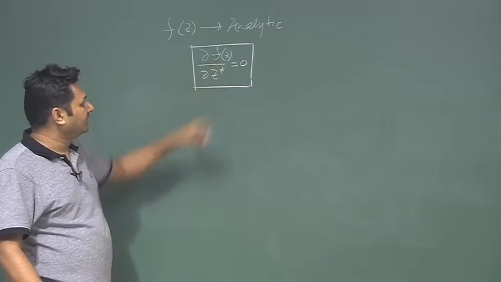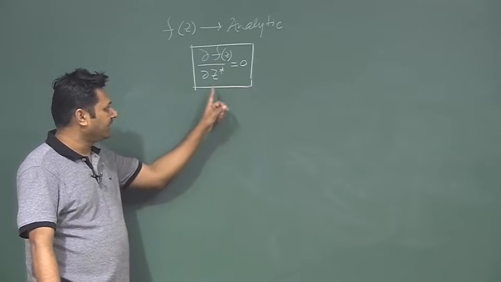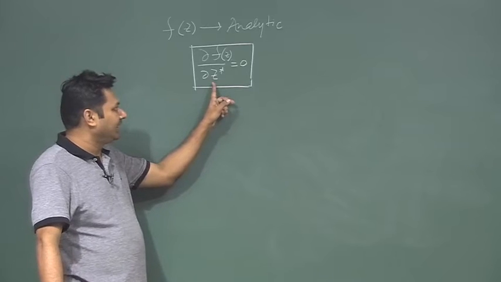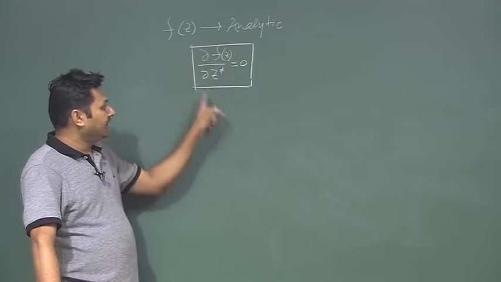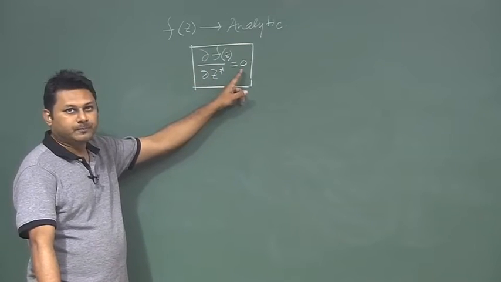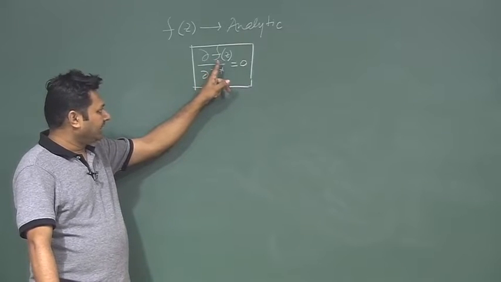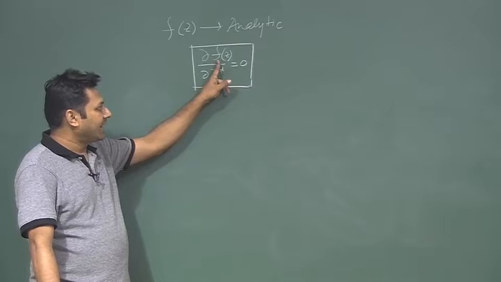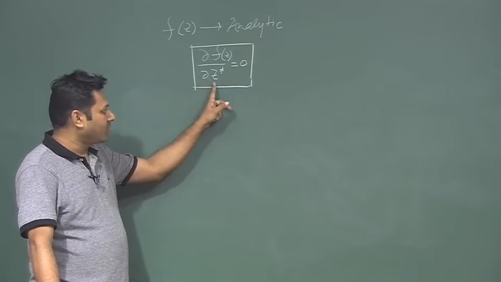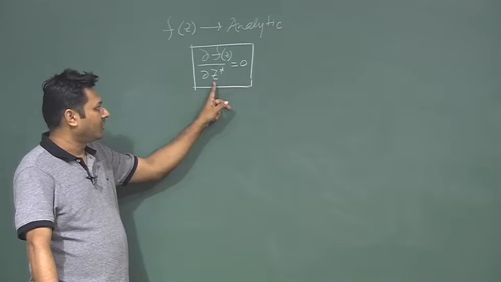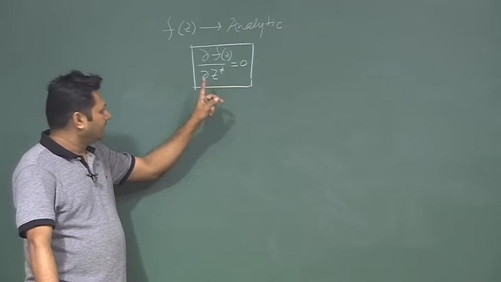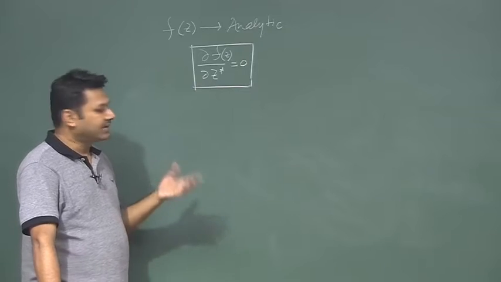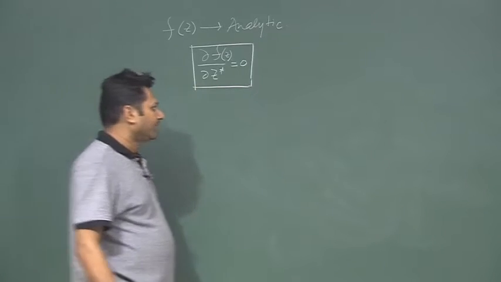Whatever the function is given to you, if you find it is not an explicit function of z star, that means the complex conjugate of z, then the partial derivative with respect to it has to be 0. I am saying that f(z) is analytic if it is not an explicit function of z star. This argument and the CR equation are essentially the same thing. We are going to show that.